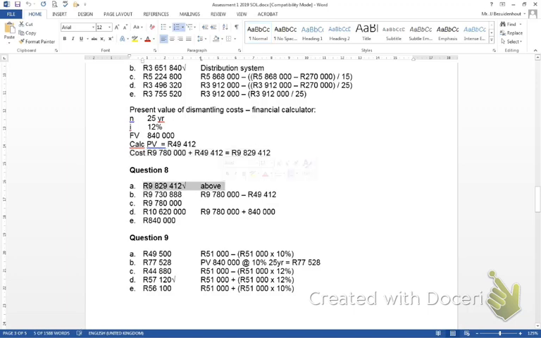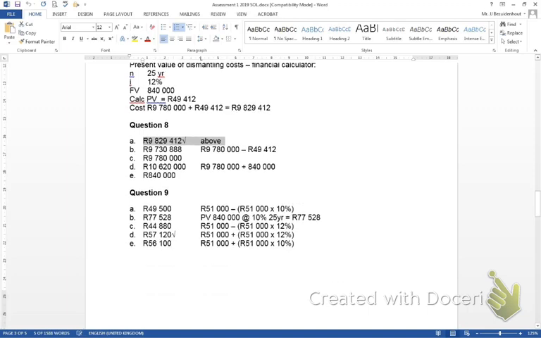A above. Now in question number 9, this one here, all that we said is we told you to assume that this dismantling cost was a certain amount, and in this case 51,000. That was your starting point. To that 51,000, you had to add 12% to get to your balance for the next year.